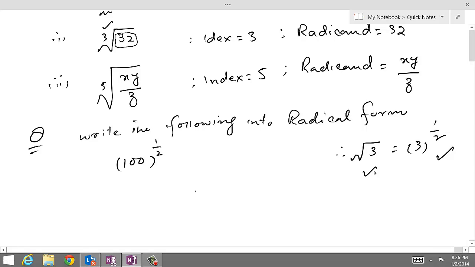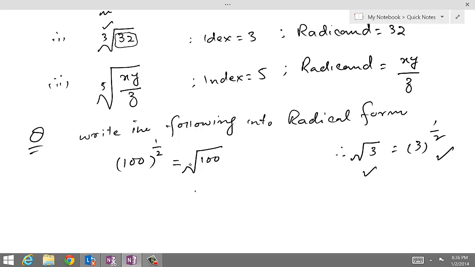So here we are going to convert it. The given is exponential form, and we will convert it into radical form, and we will write 100 and then square root. The square root has index 2, which we don't write, but if it was a third root or fifth root or fourth root, then we will write that index right in this corner here.